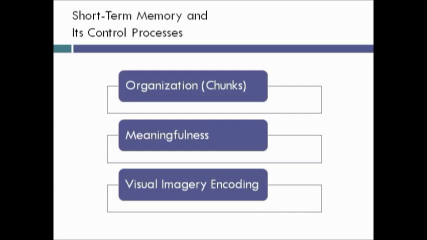Organization means putting interrelated pieces of information into chunks, making a small group. Then meaningfulness. When new material can be related to information in long term memory, it means we are giving a particular meaning to the thing so that it can be stored in our memory for a longer time. Now the next is visual imagery encoding.